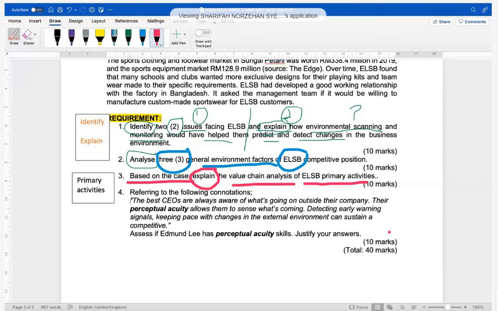Not a single mark will be given to you. Remember, it has to go back to the case. If you start answering generally, forget about it. Don't ever try to request for marks. As and when you answer, you need to go back to the case.